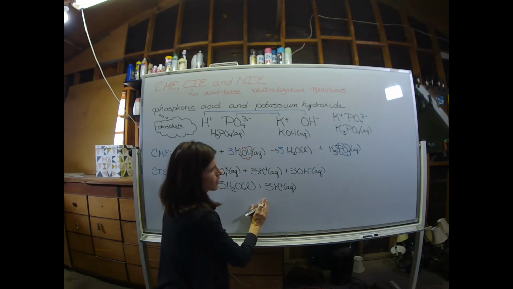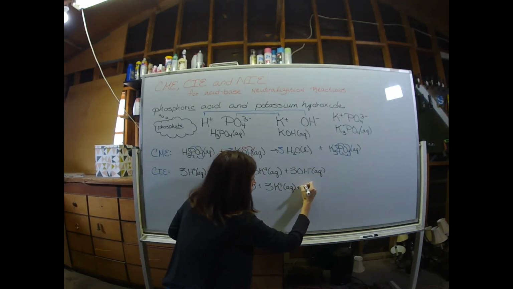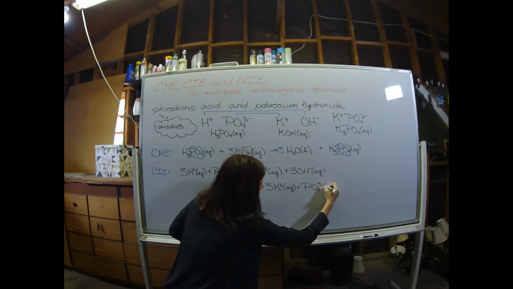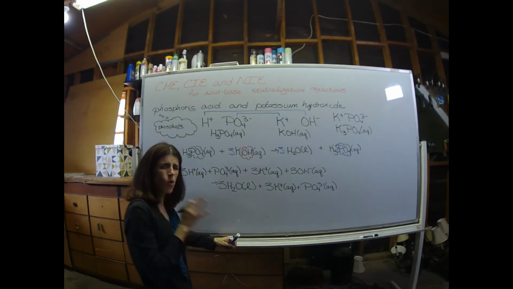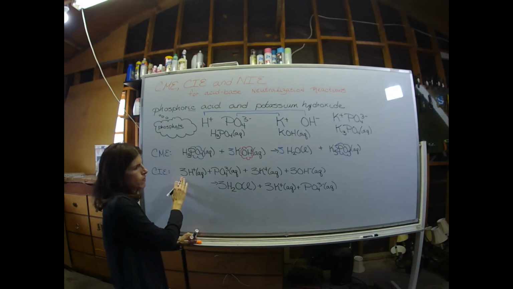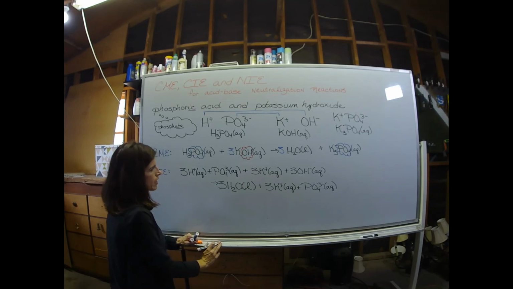I think I said phosphate. There's 3 potassiums. And then the phosphate. Alrighty, lots going on with the distribution of the coefficients and moving the subscripts. So just give it a quick visual check that it's balanced, which it looks like it is.